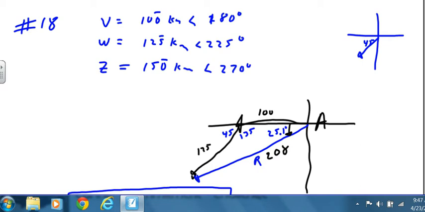I'm doing it again. 100 second function complex angle 180 plus 125 second function complex angle 225 plus 150 second function complex angle 270. Enter. And my calculator says, without doing any of those other things, 303.84 at an angle of minus 128.3.